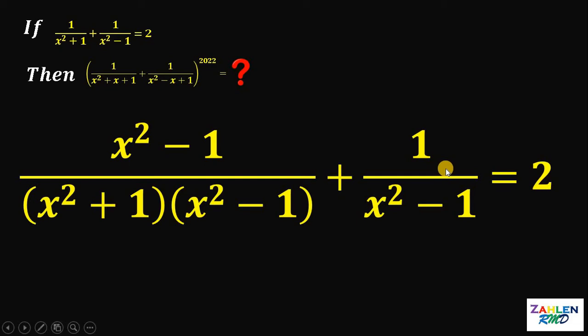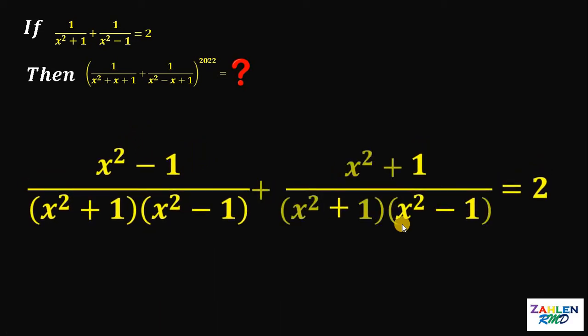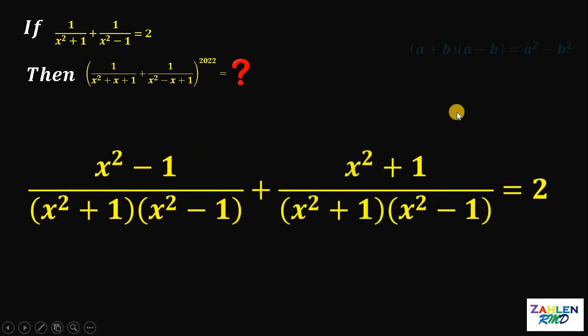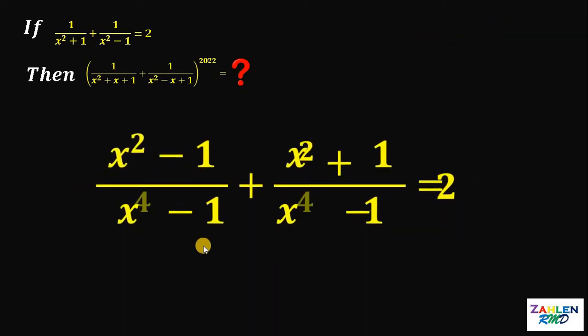On the other term, let's multiply the numerator and denominator by x² + 1. Then we apply the special product: (a + b)(a − b) = a² − b². Thus, our denominator is x⁴ − 1.